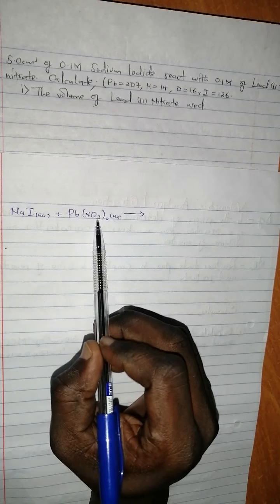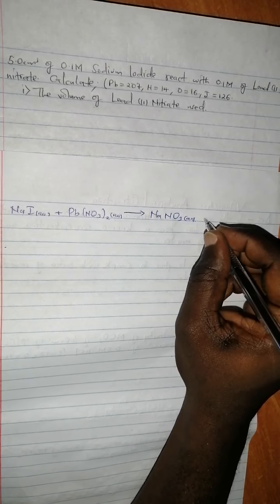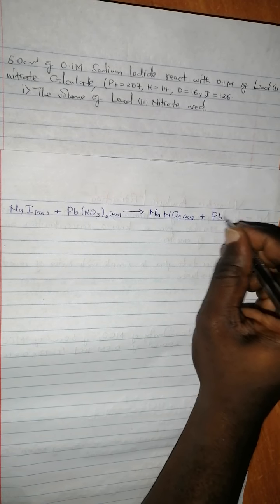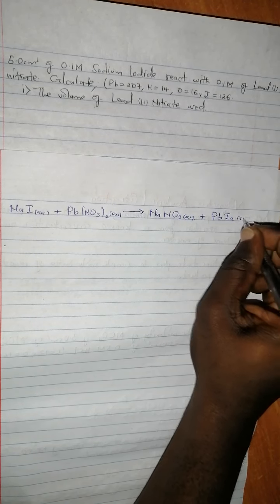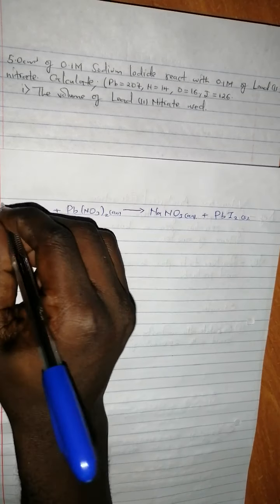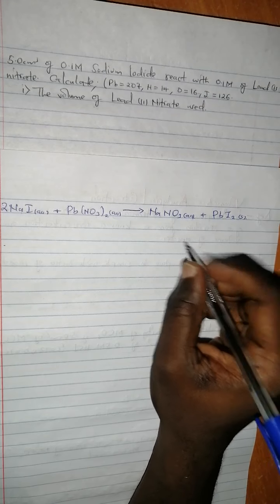Sodium takes the nitrate to form sodium nitrate, and then lead takes the iodide to form an insoluble lead iodide, which is a precipitate. When I balance the equation, I'll have 2 moles of sodium iodide reacting with 1 mole of lead nitrate to form 2 moles of sodium nitrate and 1 mole of lead iodide. So that is how simply we write the equation for the reaction.